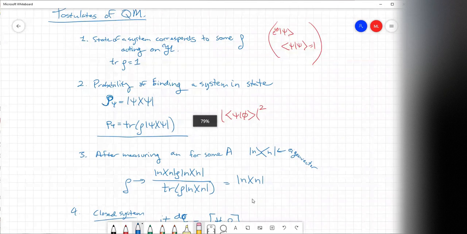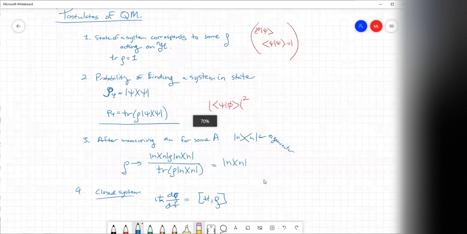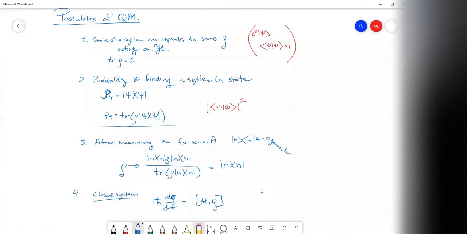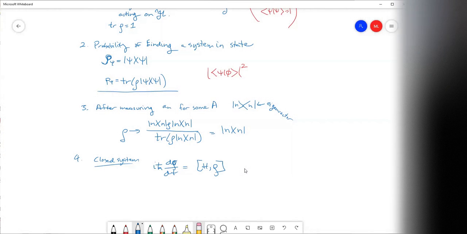Those are the postulates rewritten in terms of rho. They're just cleaner this way because they let you incorporate classical uncertainty in your state description. And postulate 5, you could still have for multiple systems.